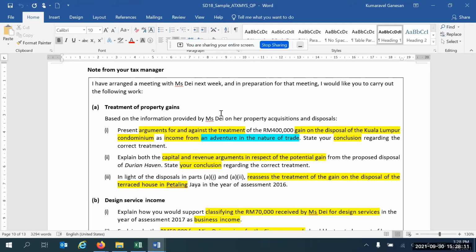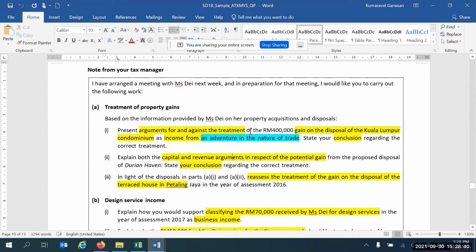Now, see, the word badges of trade is not stated there. So you must have an inkling that it is badges of trade. The clue is this term in blue: adventure in the nature of trade. Same thing. They are asking for badges of trade, but they refuse to use that word.